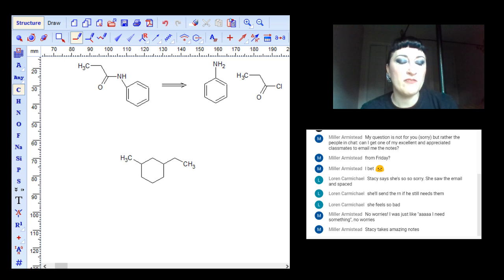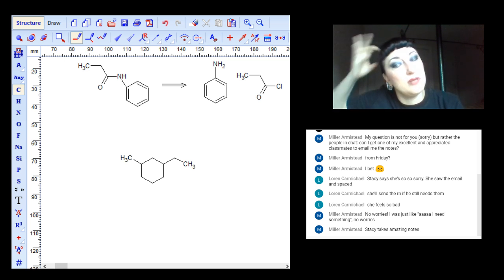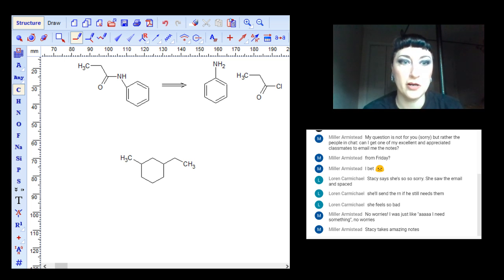We have an ethyl and a methyl group, and they both have the same priority. They're both alkyl substituents on an alkane. So how would you know how to number this, especially if it's in a ring? Because I could number it 1, 2, 3 or 1, 2, 3, and it wouldn't change the numbering.